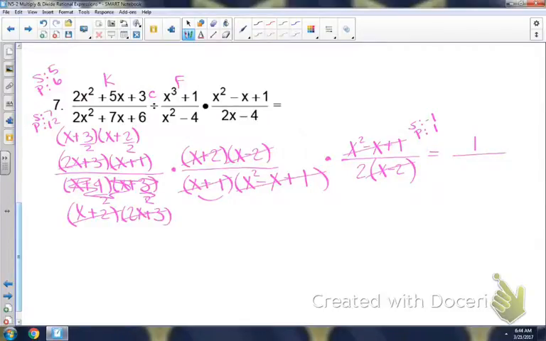So there's nothing left. Anytime we're canceling things out, we know it equals 1. Any term divided by itself. If you look at the denominator, we have this 2 here. So our answer would be 1/2. So we are using factoring to simplify a rational expression.